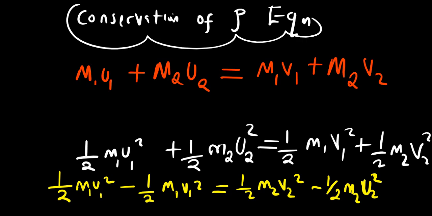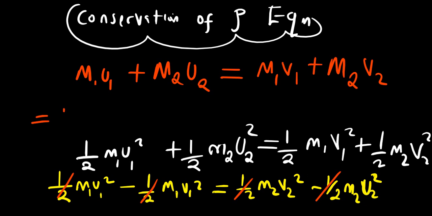Okay, now I'm going to divide through by half, so it means I'm going to cancel all the halves because they are the same. Now if I cancel all the halves, what do I now have? Allow me to write it on top.